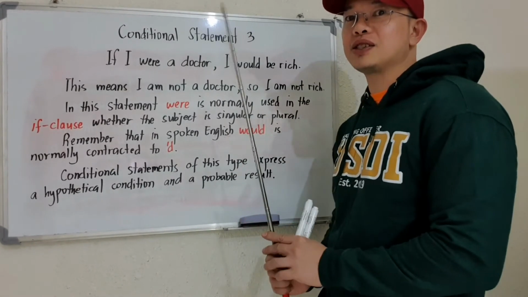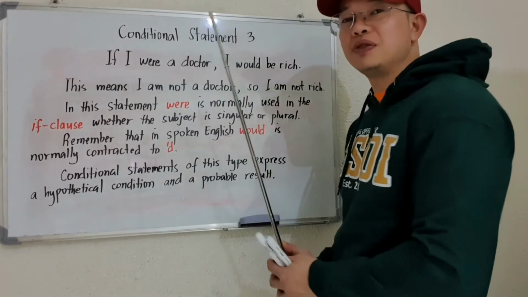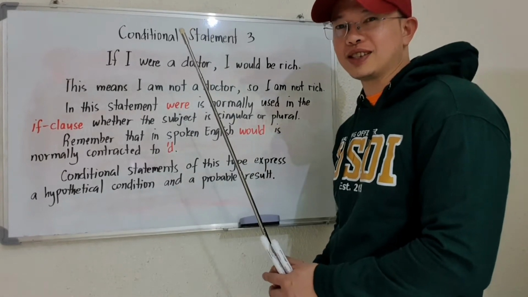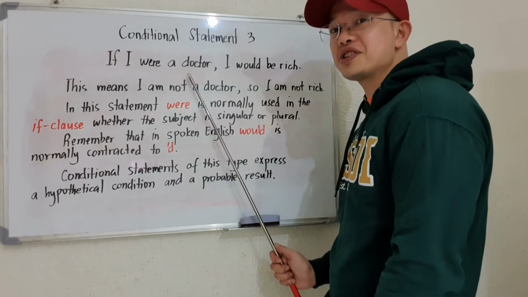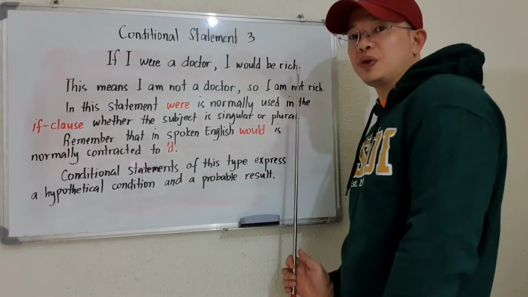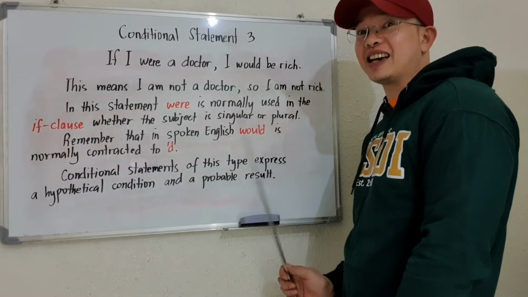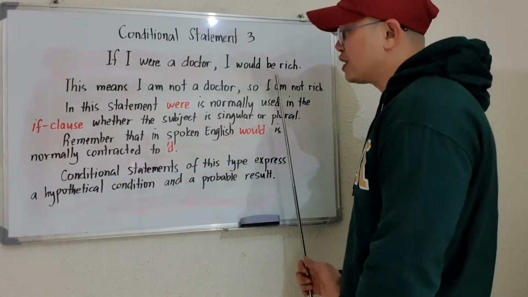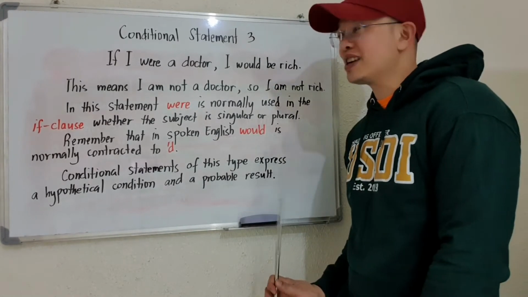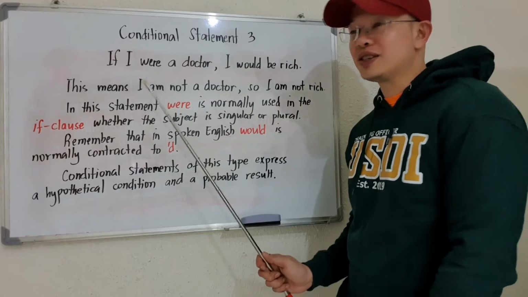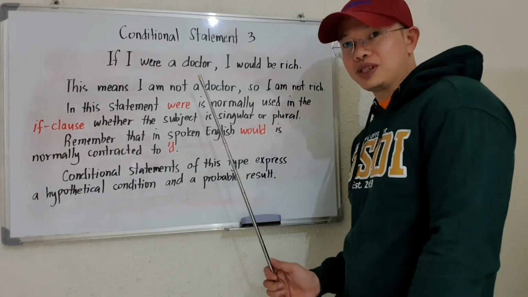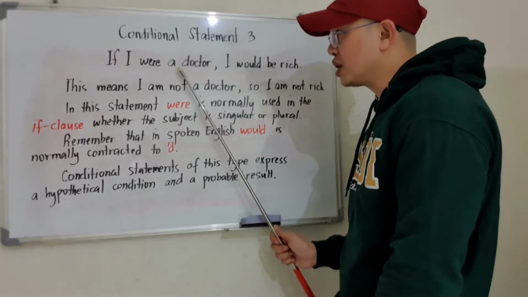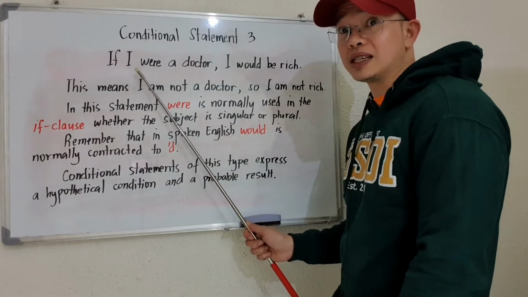This time, let's use the be verb in the if clause. So let's have, if I were a doctor, I would be rich. This means I am not a doctor, so I am not rich. In this statement, were is normally used in the if clause whether the subject is singular or plural.